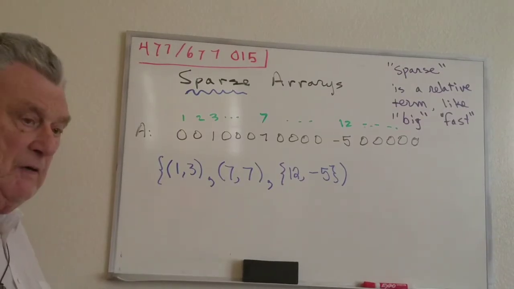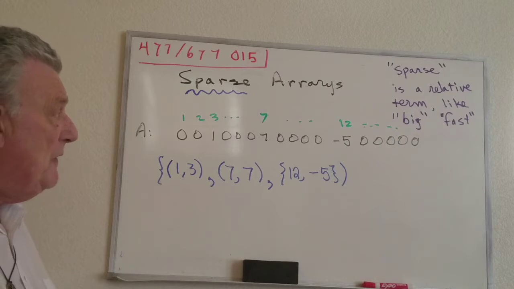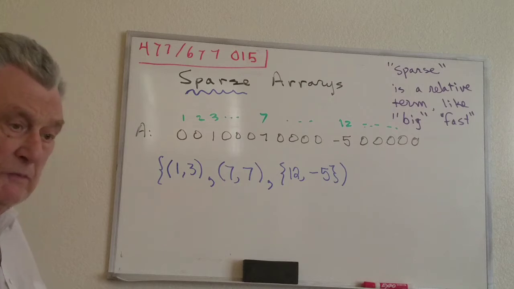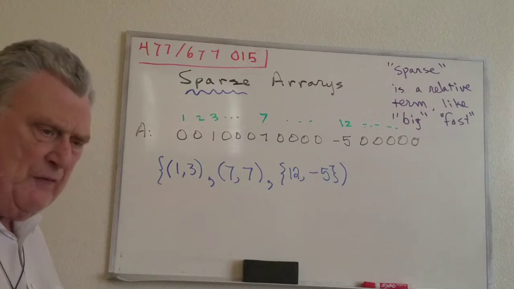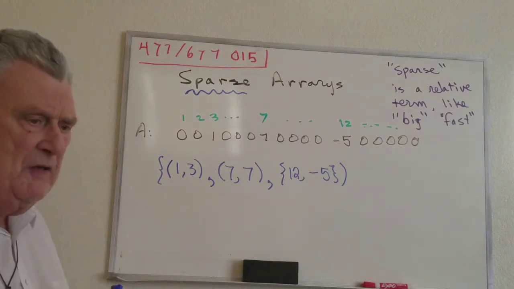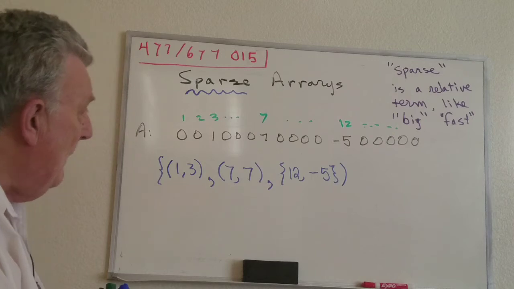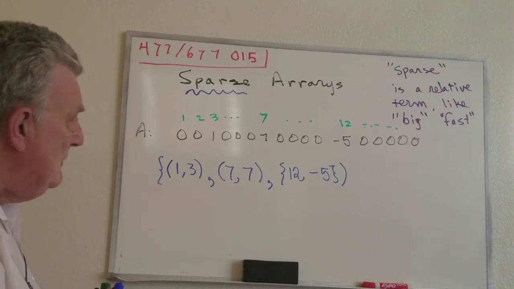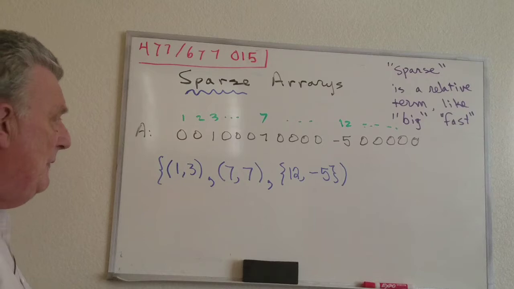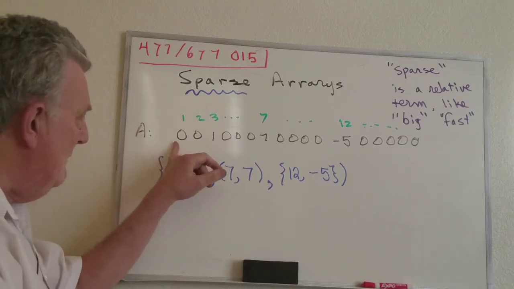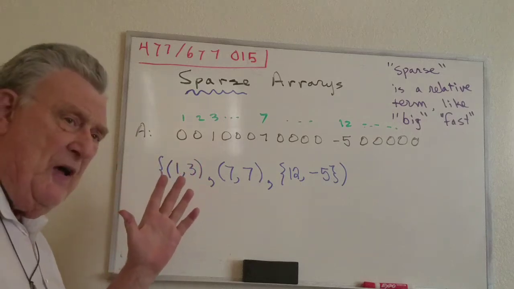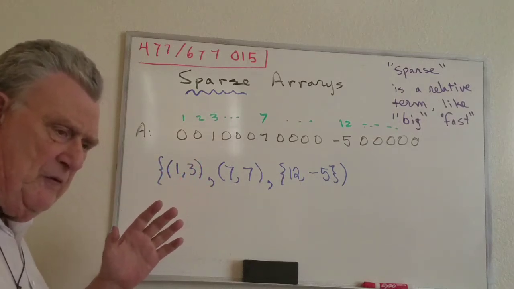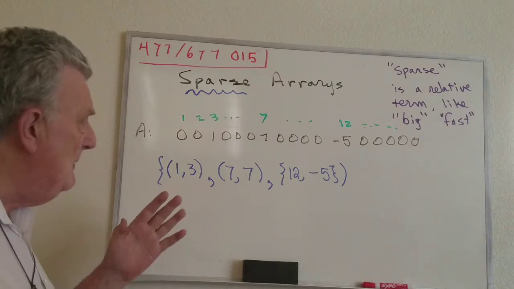Okay. Now let's talk about a sparse array. A sparse array is an array where there are not too many elements that are not, say, 0 or whatever the default value is. Maybe it's null or something else. Here's an example of a sparse array. We'll call it A, and it's of size n, but it only has 3 elements that are not equal to the default value, which is typically 0.